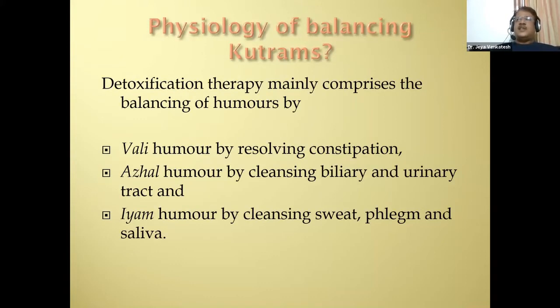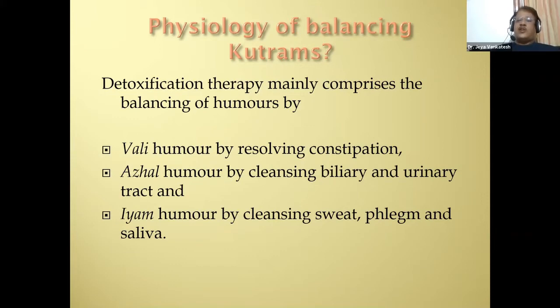In general, for the first line of treatment in Siddha, we are giving some therapies. For example, Vali humor, that is Vada humor, by resolving constipation. Alal humor, that is Pitta humor, by cleansing the biliary and urinary tract.